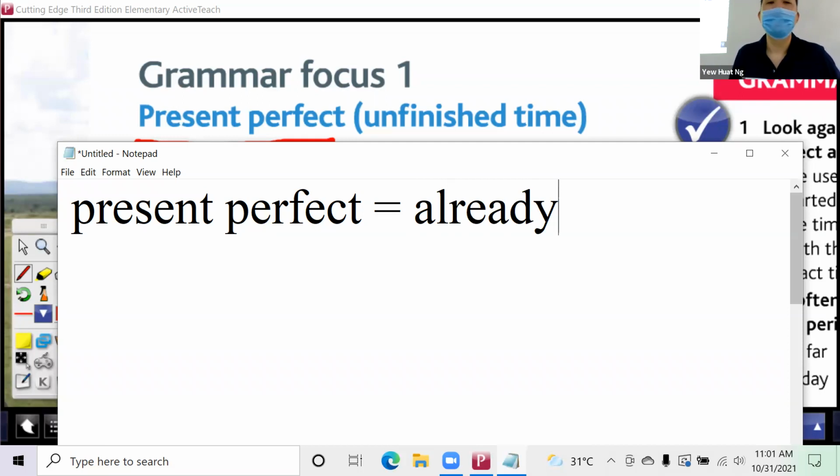Every time I say present perfect, in your head, I just want you to think of already. And already in Chinese is 已经, correct? That's it. Just think of it as 已经, already. That is present perfect tense.